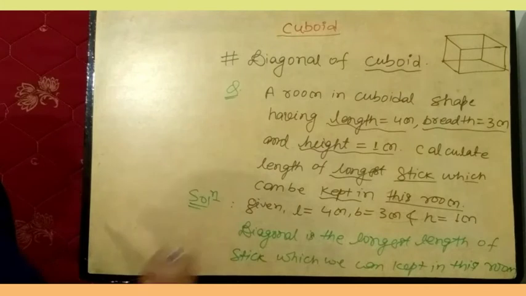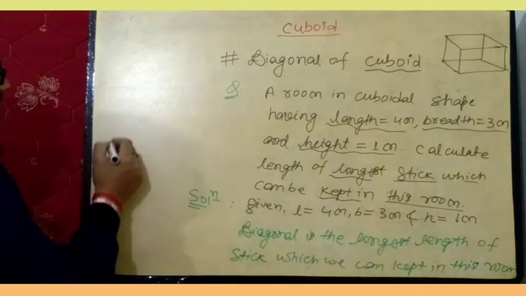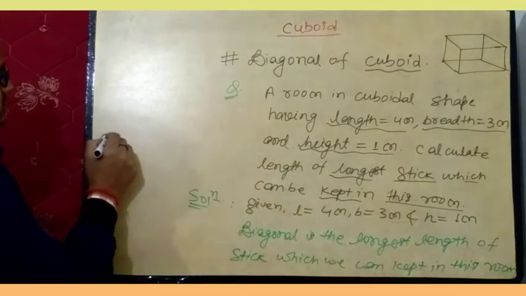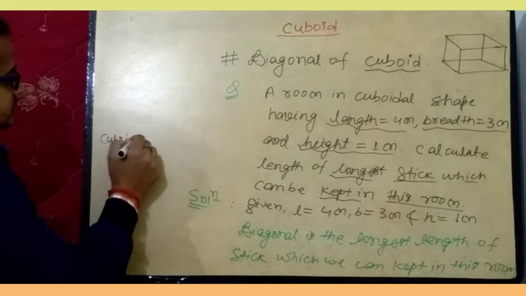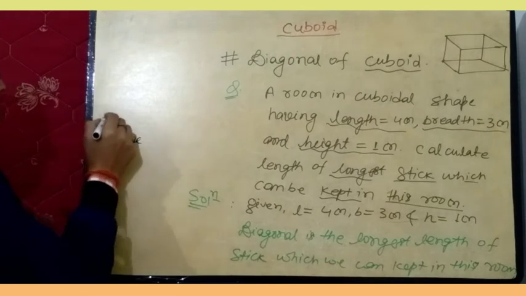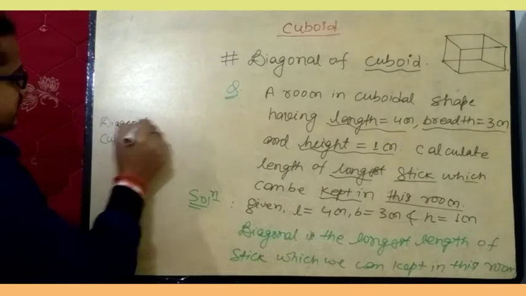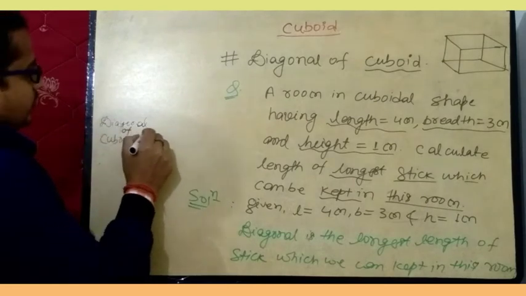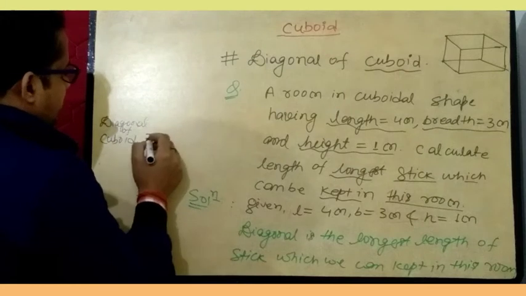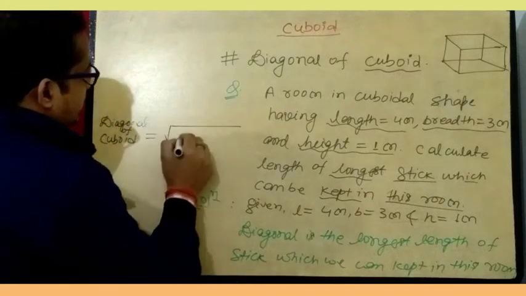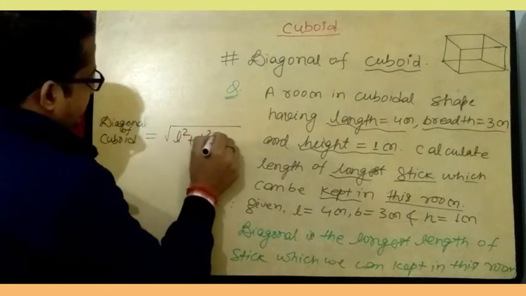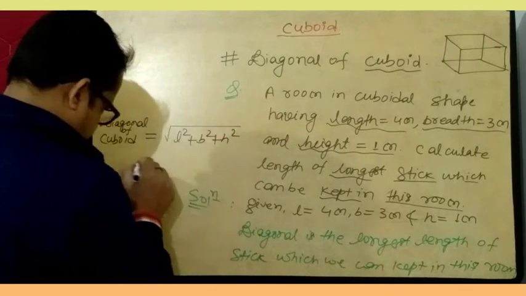That is, simply calculate the diagonal of this cuboid. Use the formula: diagonal of cuboid equals root over L square add up B square add up H square.